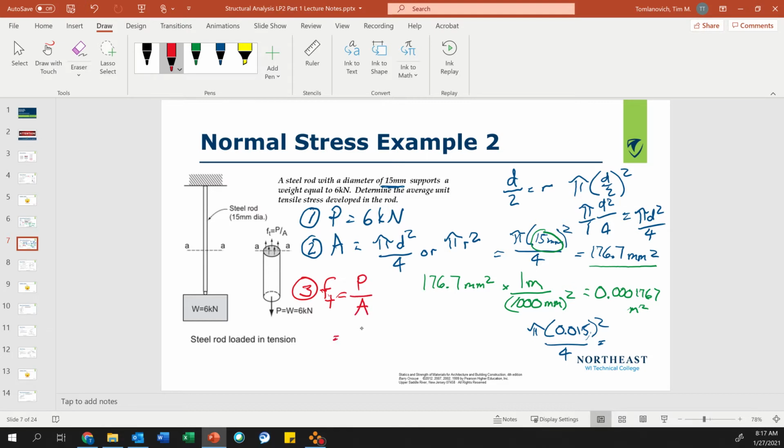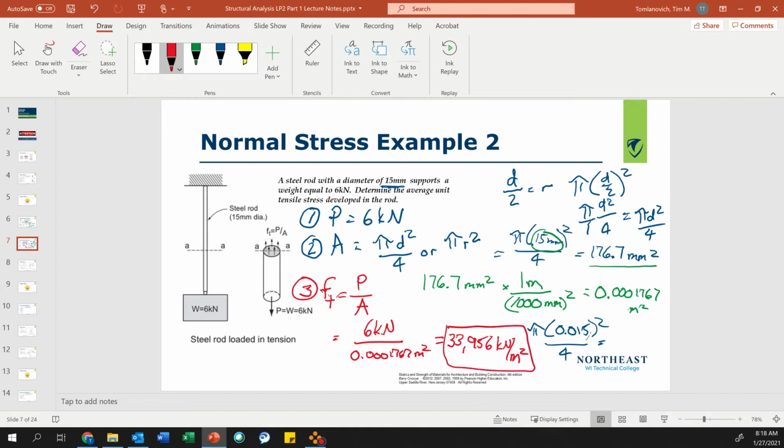That equals 6 kilonewtons divided by 0.0001767 meters squared. 6 divided by 0.0001767, I get 33,956 kilonewtons per square meter.